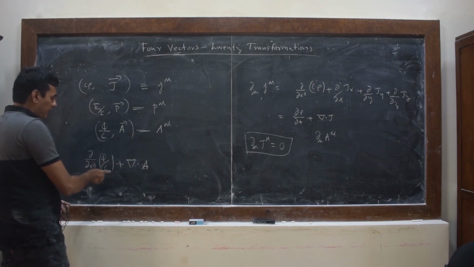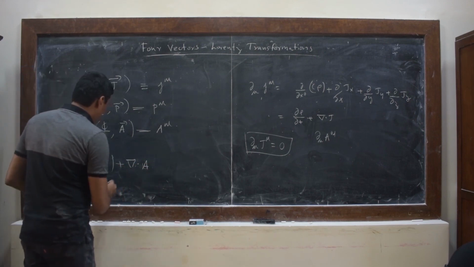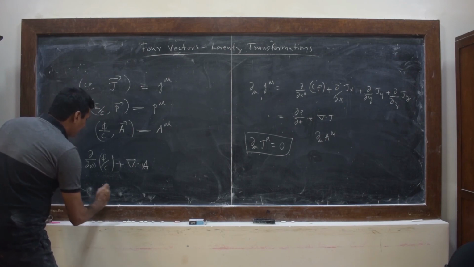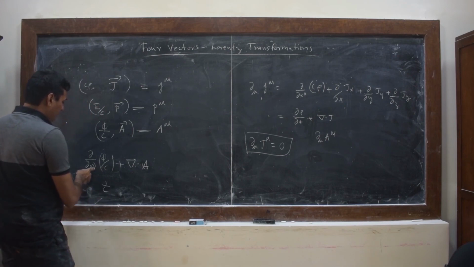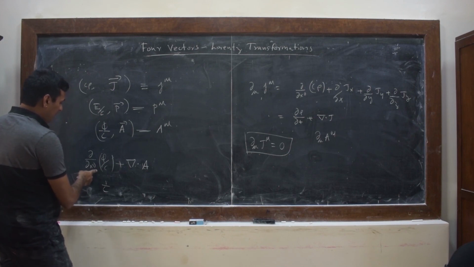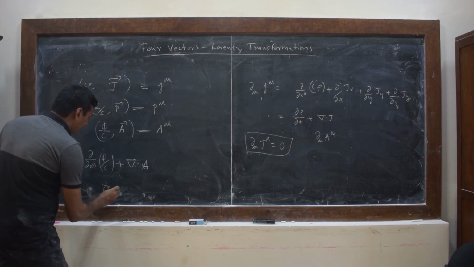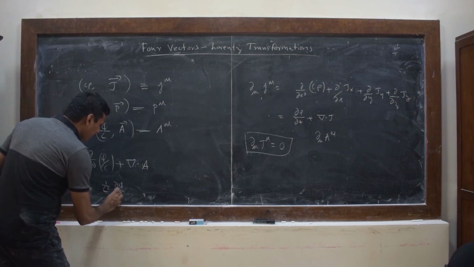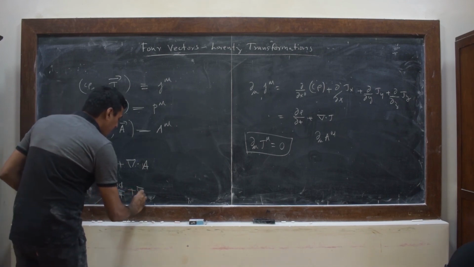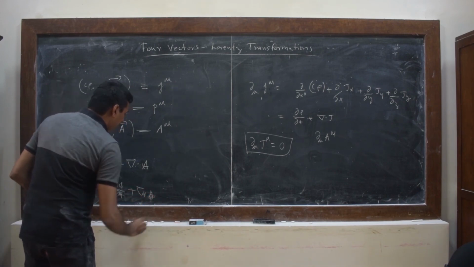So this is equal to 1 by C square into del phi by del t plus del dot A.